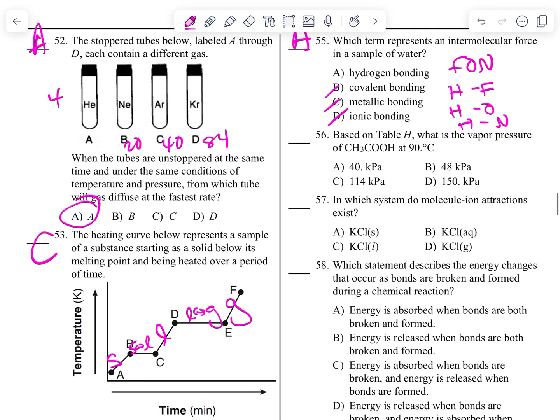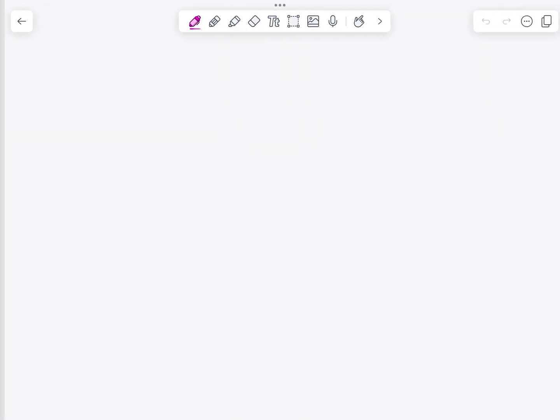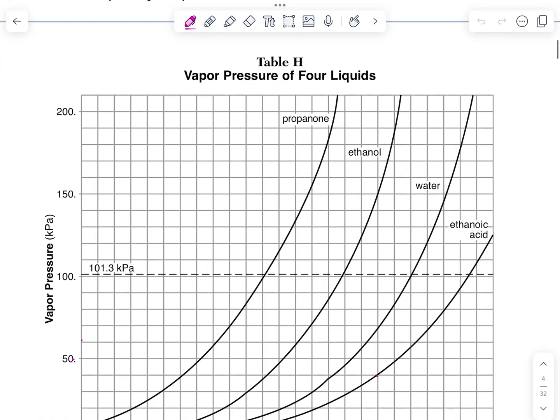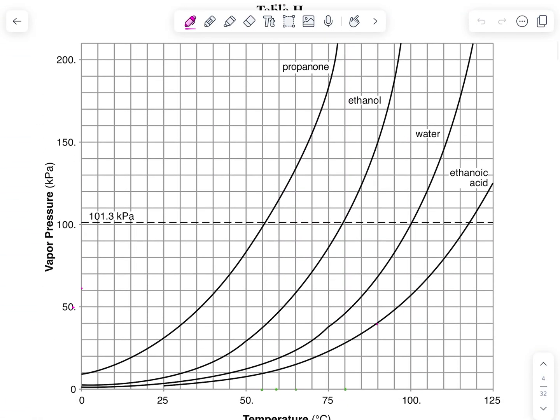Based on Table H, what is the vapor pressure of CH3COOH at 90 degrees? So let's go to Table H. CH3COOH is not listed here, but if I go to ethanoic acid, that's CH3COOH.